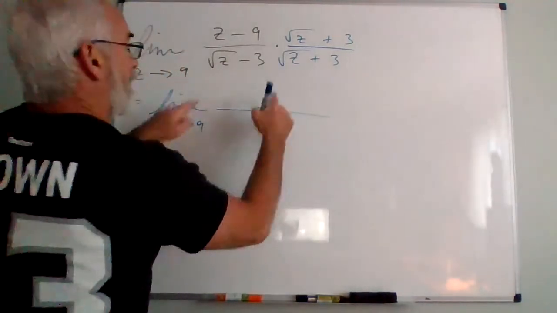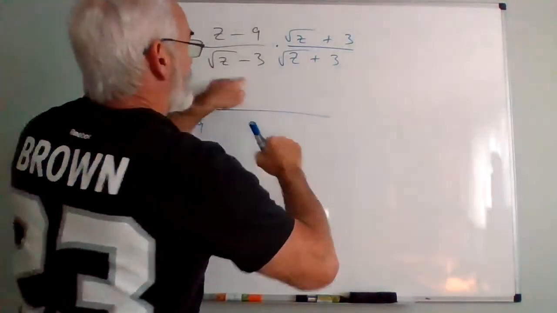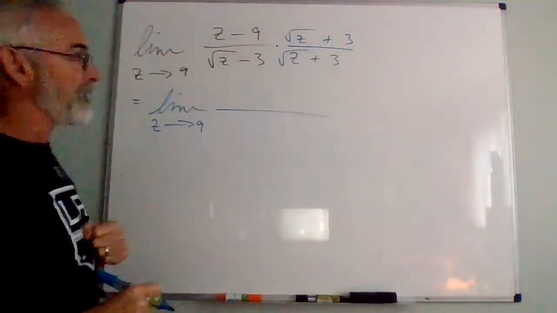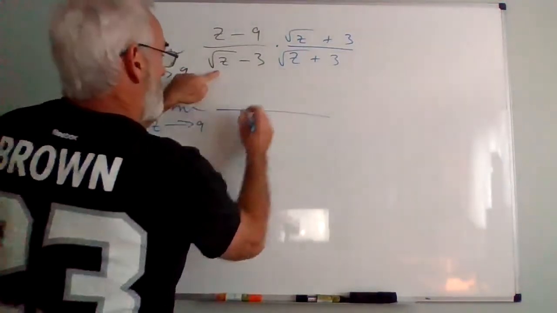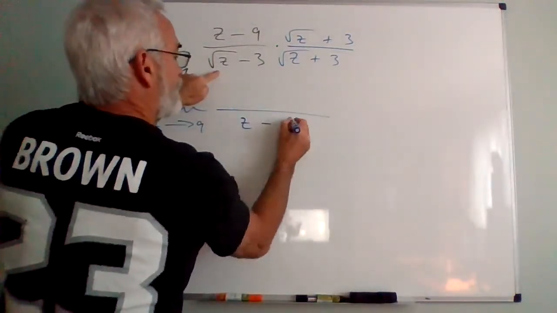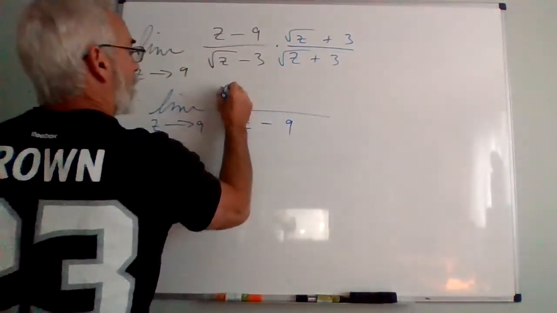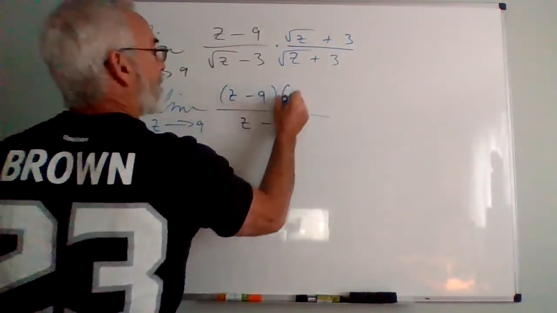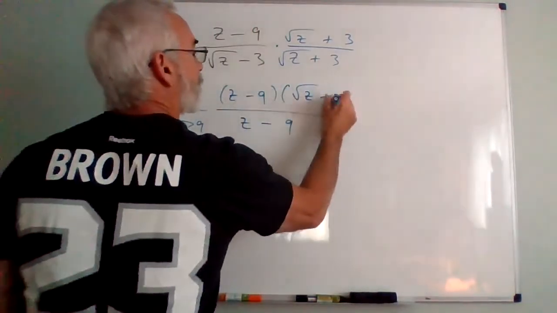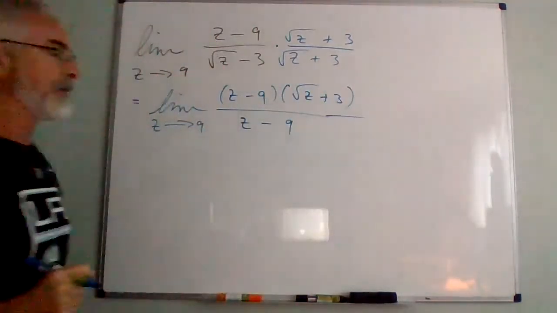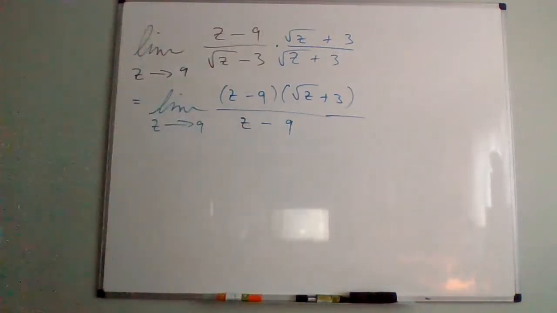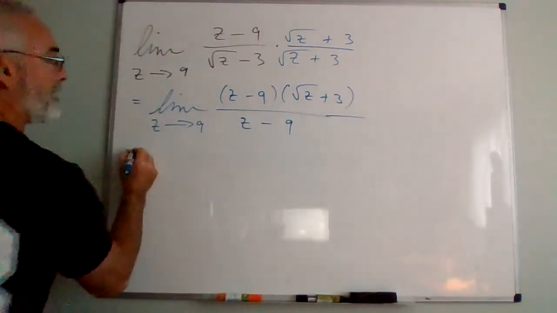But when I do this step, my denominator will then be, remember, a minus b times a plus b is a squared minus b squared. So my denominator will simply be z minus 9. My numerator is z minus 9 times root z plus 3. I do not want to distribute in this case because I can clearly cancel these factors.